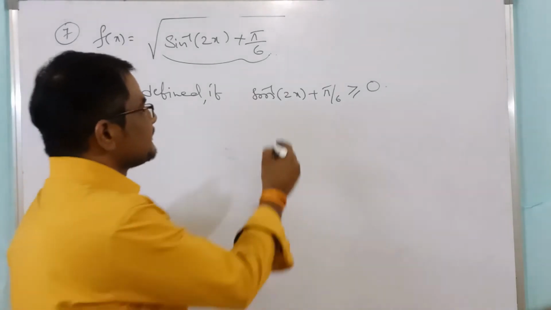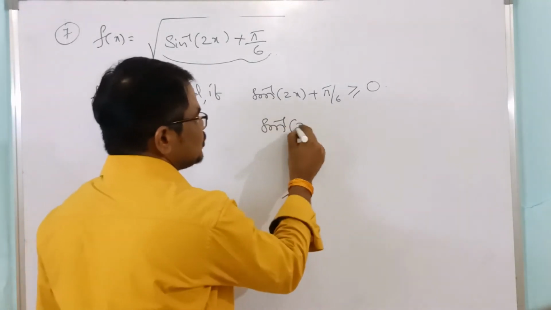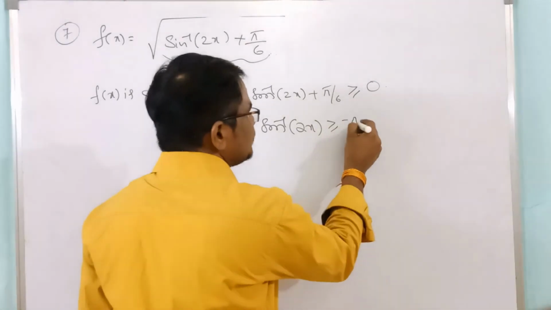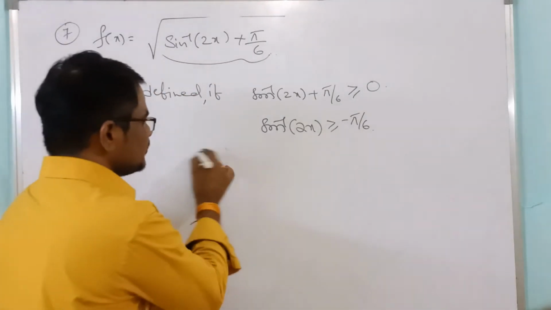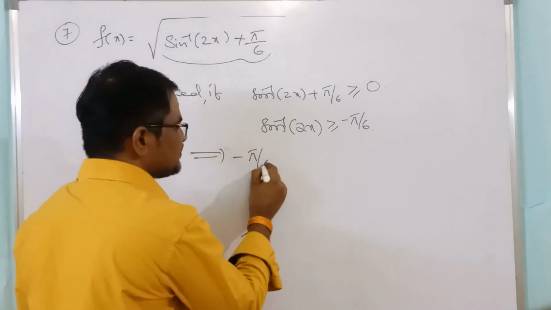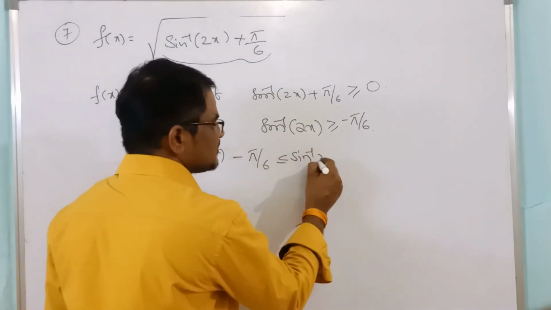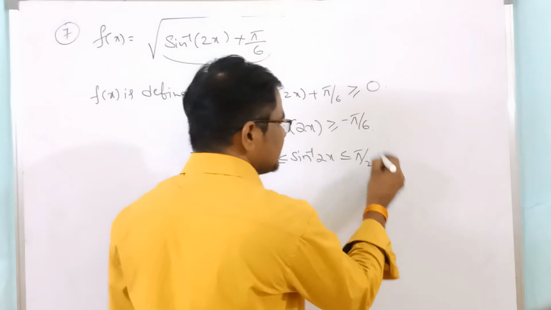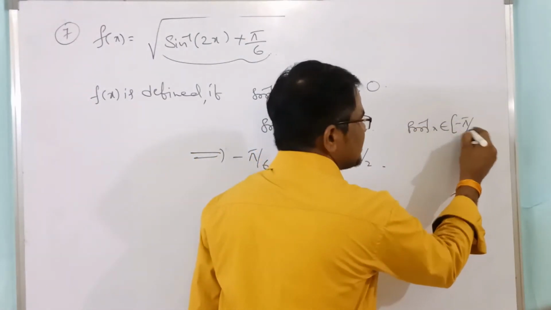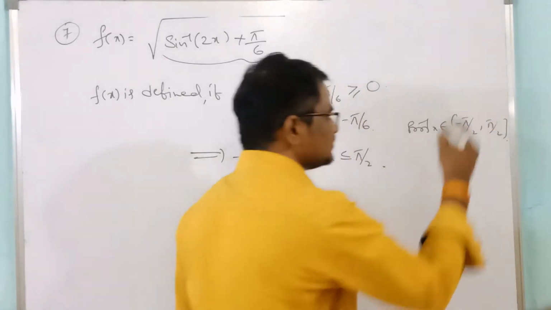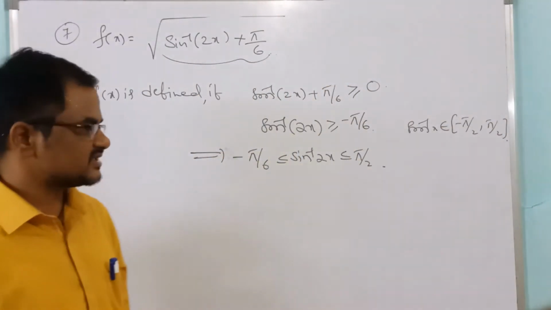And now sin inverse of 2x is greater than or equal to minus pi by 6, right? Now you can write it as minus pi by 6 less than or equal to sin inverse of 2x less than or equal to pi by 2, because the range of sin inverse x is minus pi by 2 to plus pi by 2, right?